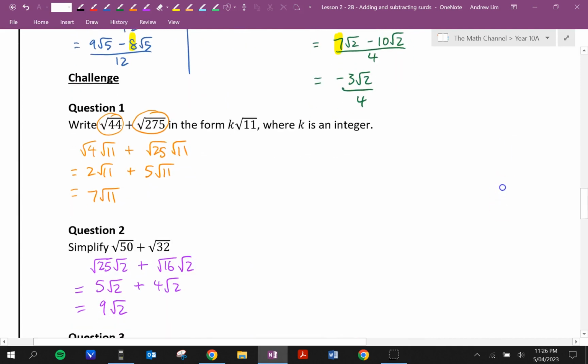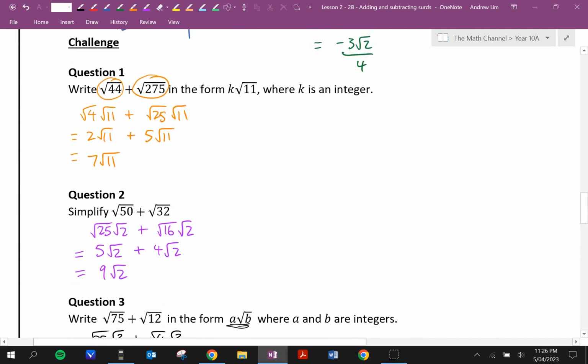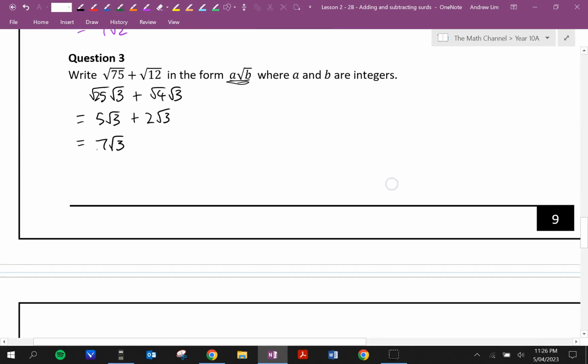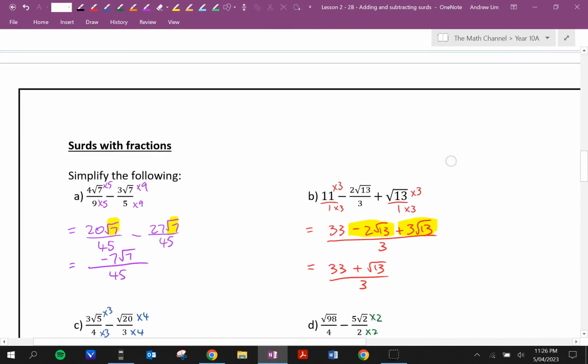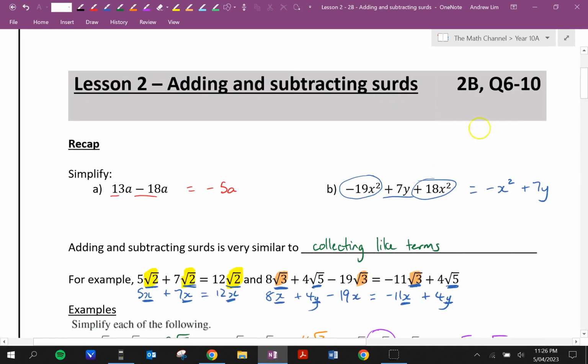And we looked at some more challenging questions, where we had pronumerals that we needed to work out the value of, or write expressions in different forms. So that's what we looked at in this lesson.